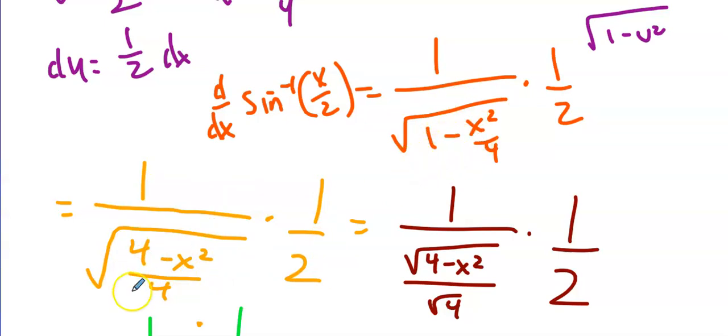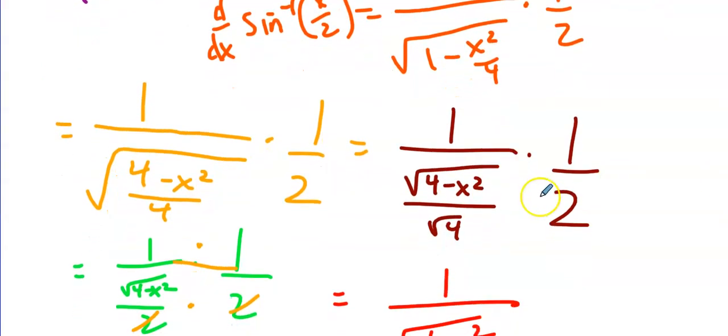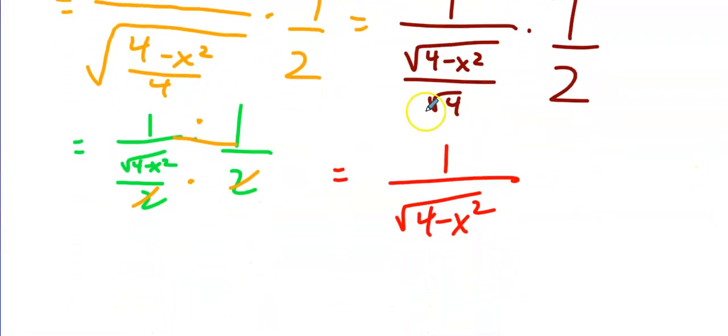So I make 2 fractions into 1. Then I decide to split that and do the square root of the top divided by the square root of the bottom. I go ahead and say what the square root of 4 is. That just happens to be 2. And you guys can actually see it up here too, that the top 1 times 1 and the bottom, these are going to cancel out, and then I'm left with 1 over the square root of 4 minus x squared.